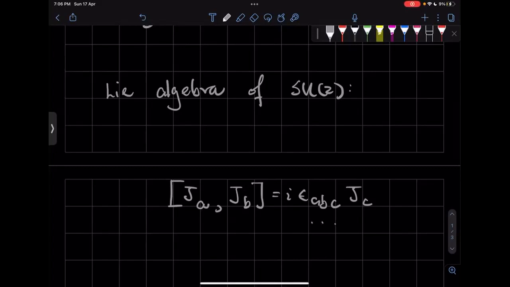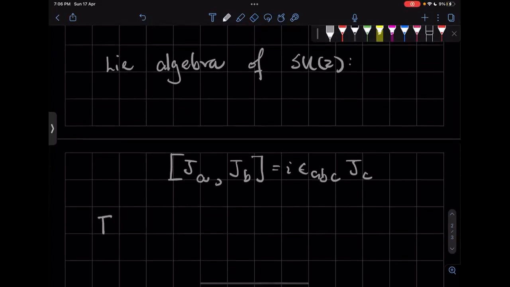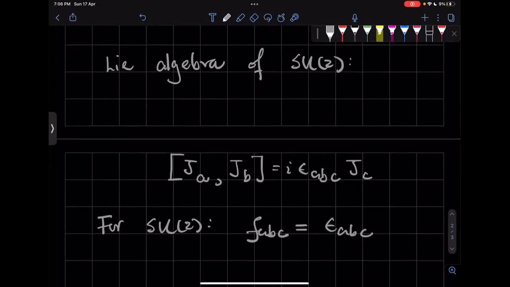Because all the other structure constants are 0 when 2 of the indices are the same, right? And in this case, the structure constant for SU2, it's possible to choose it to be epsilon ABC.